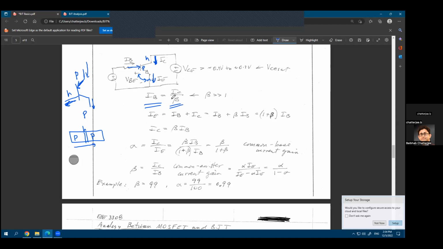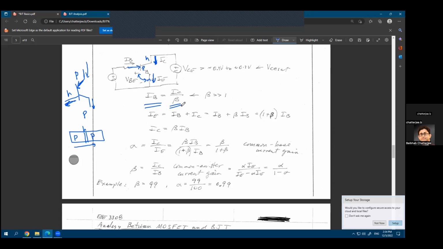So because of the small number of recombinations as compared to the total number of carriers that is flowing from the emitter to the collector, you have a ratio of those two: how many carriers are flowing from the emitter to the collector versus how many of them are getting recombined in the base region. Because only a very small fraction of those are getting recombined in the base region, the requirement of base current is very small, whereas the current from the emitter to collector is large.